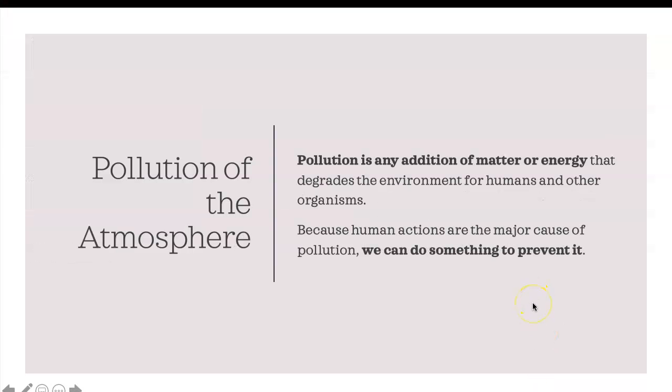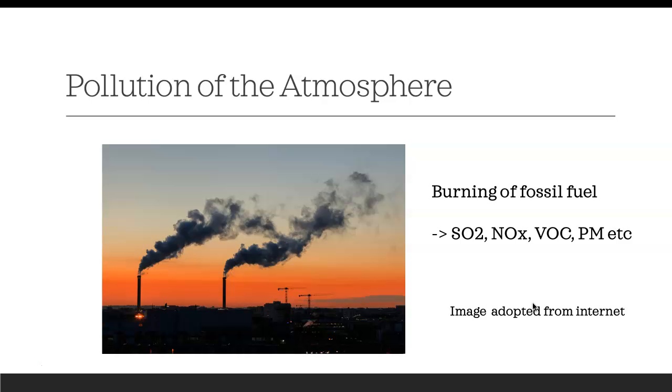Now, this is the most important part of this chapter, understanding the air pollutions. To give you some examples, burning of fossil fuel emits sulfur dioxides, nitrogen oxides, volatile organic compounds, and particulate matters, etc. So these are the air pollutants from burning of the fossil fuel.